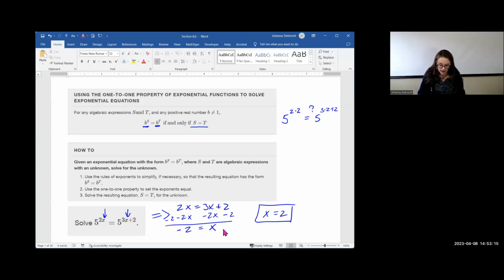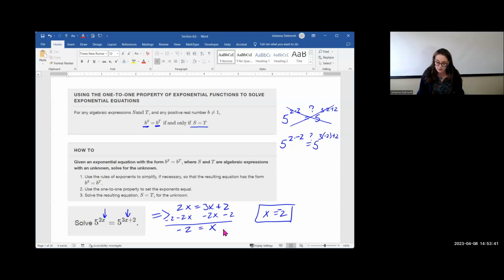This is going to give me x equals negative 2. Now, if x is negative 2, let's check that because this one didn't work. I found my error. So now I come back and I have x equal to negative 2. So I have 2 times negative 2. Does that really equal 5 to the 3 times negative 2 plus 2?